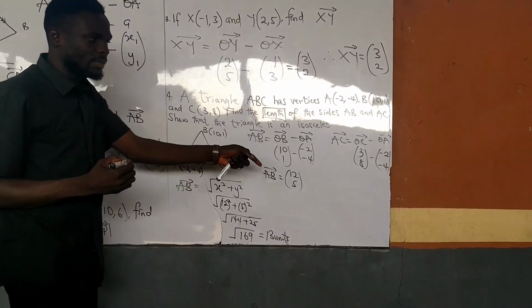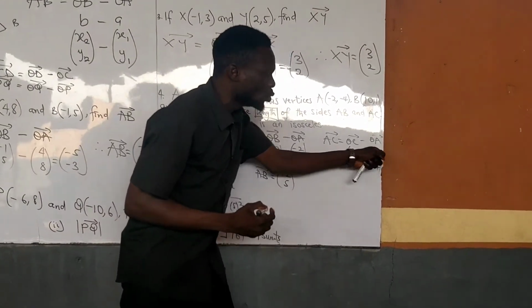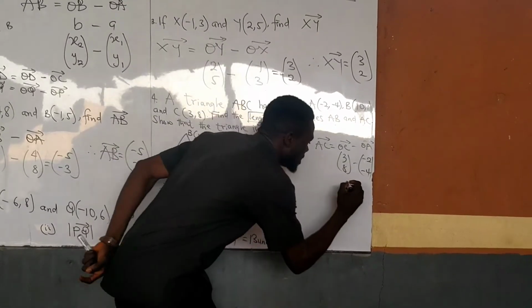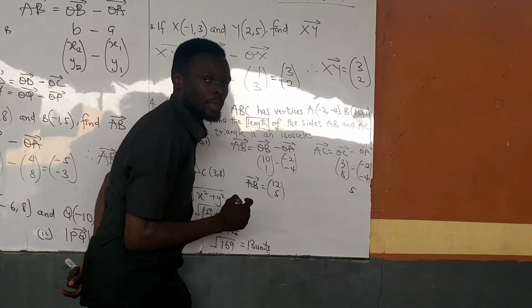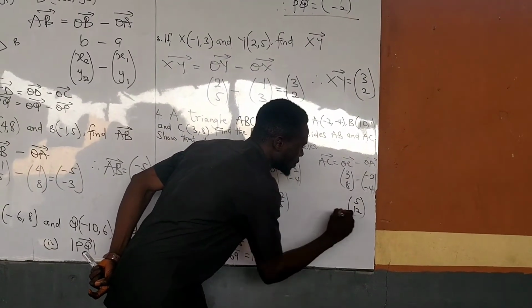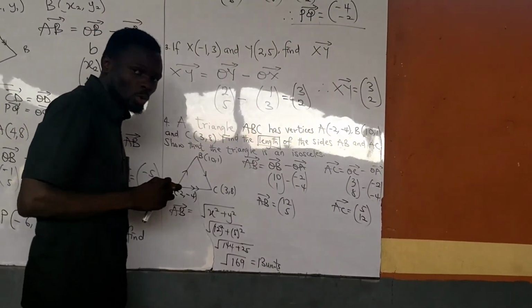Then we do our subtraction. 3 minus -2: when the two negatives meet, this gives positive, so 3 plus 2 is 5. 8 minus -4 is 12. So vector AC is equal to (5, 12).